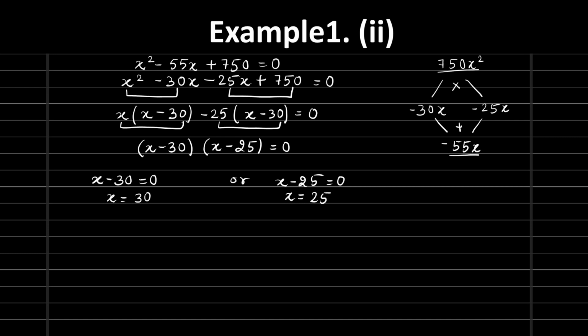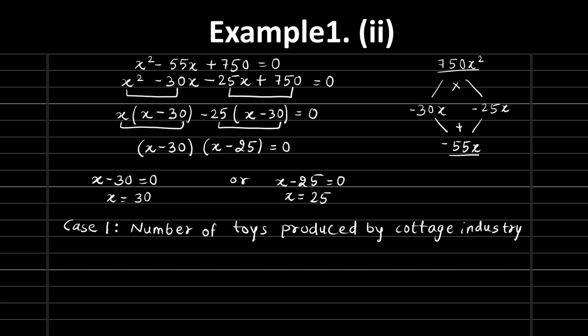So let's start writing down the first case. In case 1, if we take the number of toys produced by the cottage industry, which we assumed as x, if we take its value as 30, then the cost of each toy will be equal to 55 minus x, which means 55 minus 30. So the cost of each toy would be here 25, right?